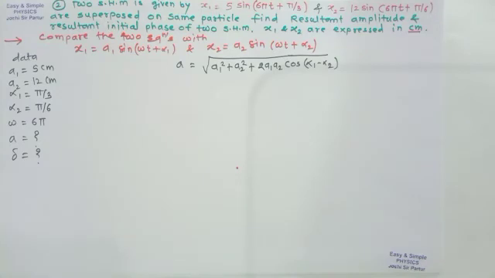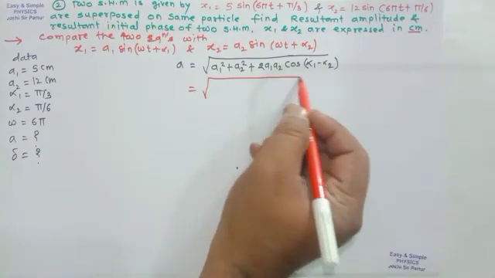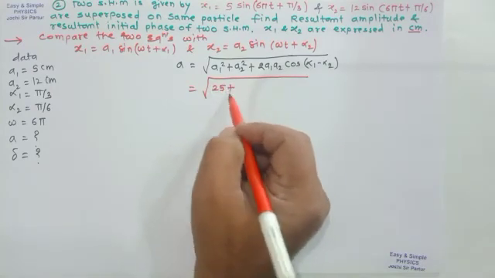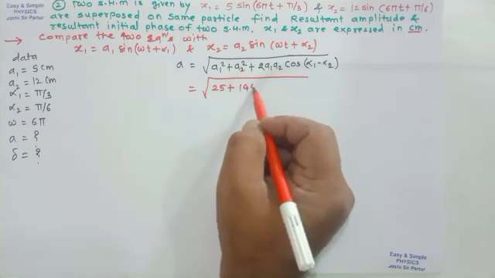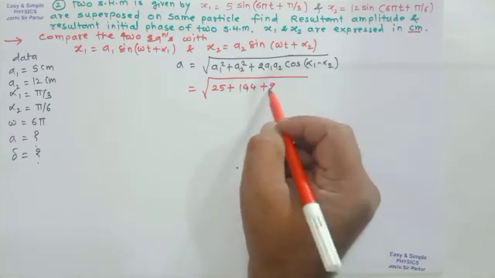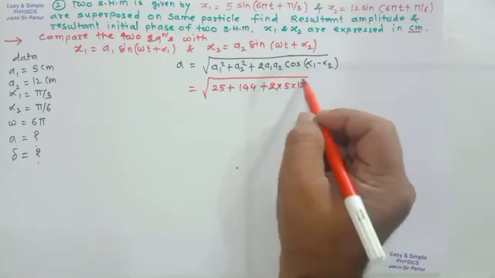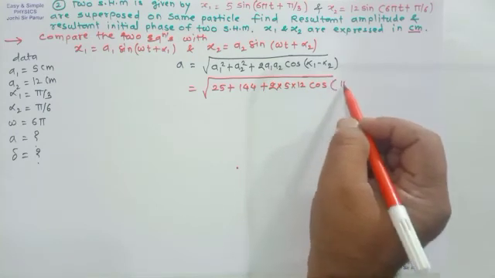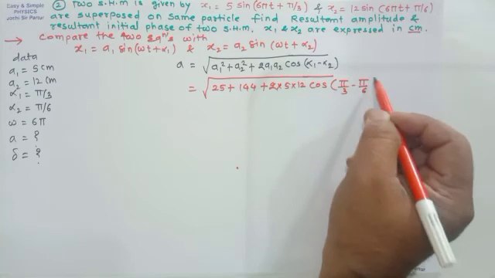If we substitute the values, it will be the square root of 25, 5 square means 25, plus a2 square, 144, plus 2 times 5 into 12 cos of (pi upon 3 minus pi upon 6).